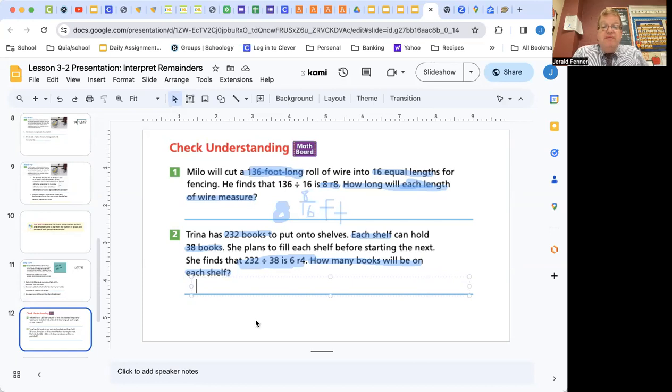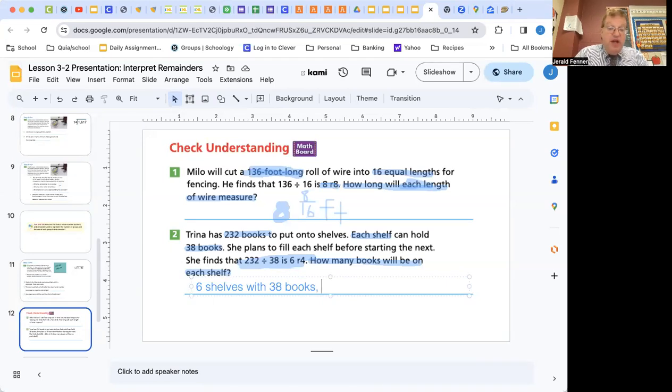What do we find? Well, we know that there's going to be 6 shelves that have how many books? 6 shelves with how many books? 38 books. And what about that last shelf?